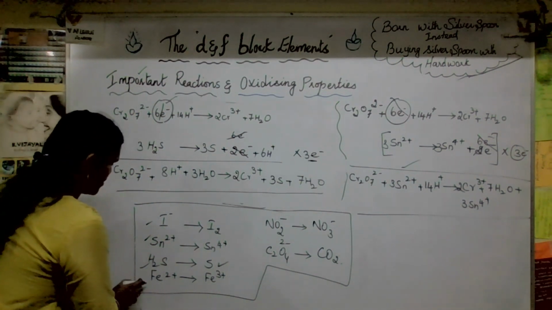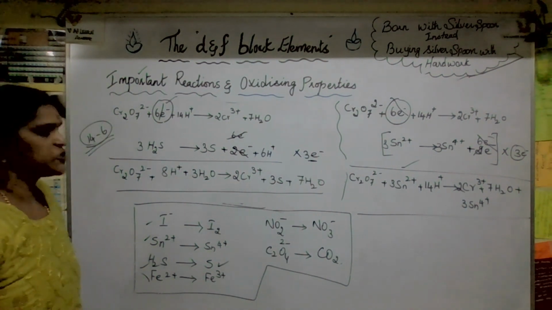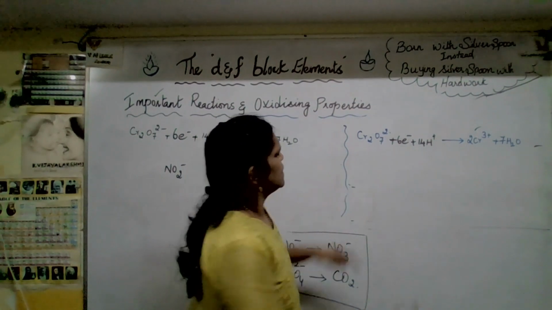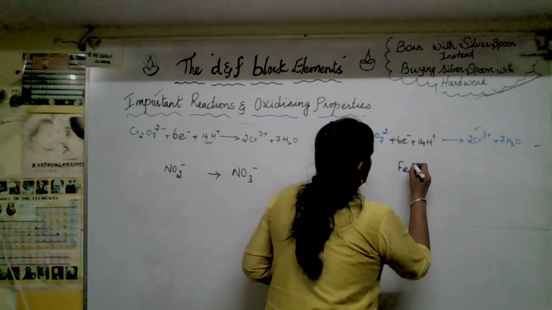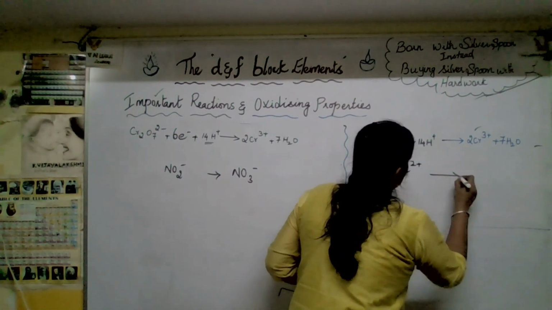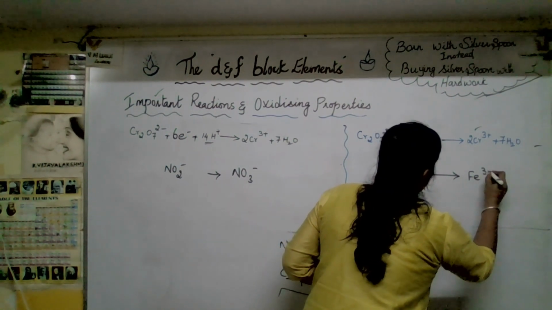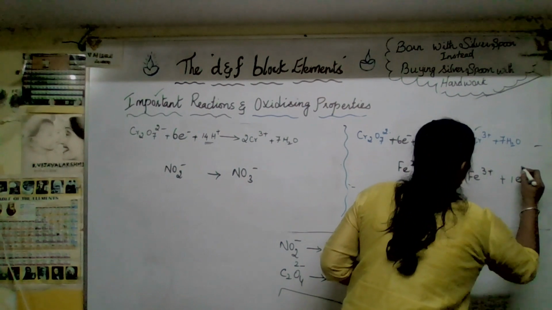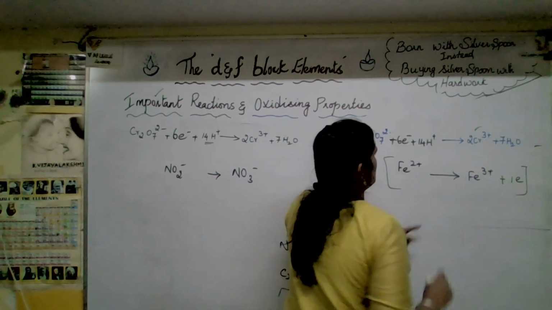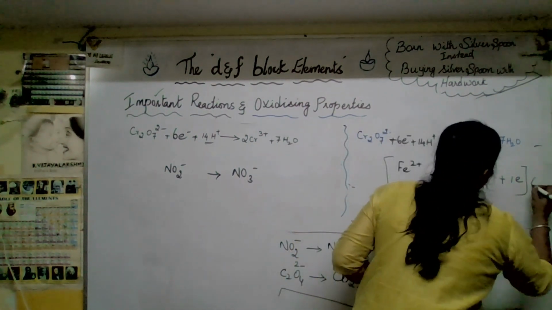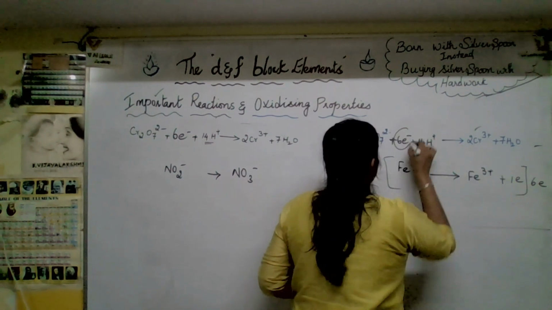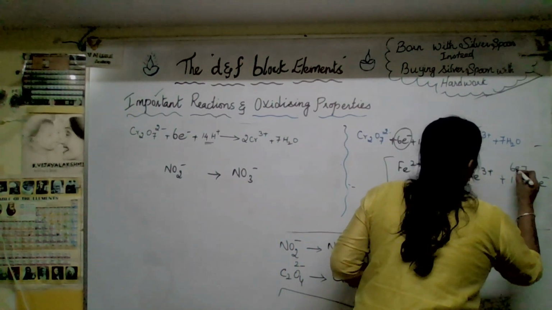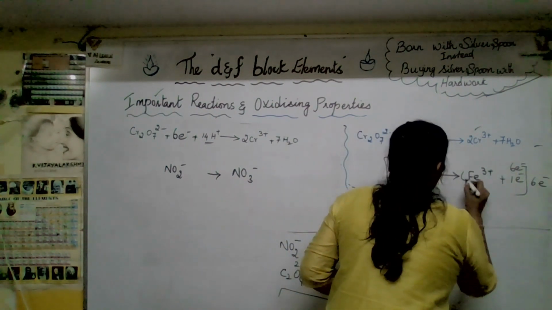Now we are going to see Fe2 plus to Fe3 plus. It's very simple. Here, Fe2 plus to Fe3 plus. And how many electrons does it release? 1 electron. Now, what is the suitable number to multiply with it? 6 electrons, right? Because 6 electrons are required to cancel. So here also 6, here also 6.